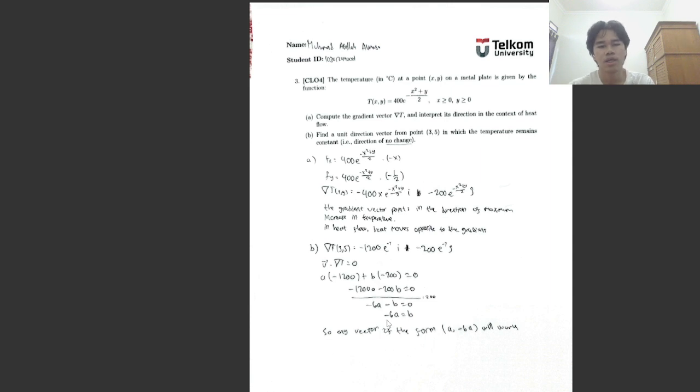And we got the final answer: minus 6a is equal to b. That means any vector in the form of a, comma, minus 6a, because b we find is minus 6a. So all vectors in the form of a, comma, minus 6a will work, or will remain constant.